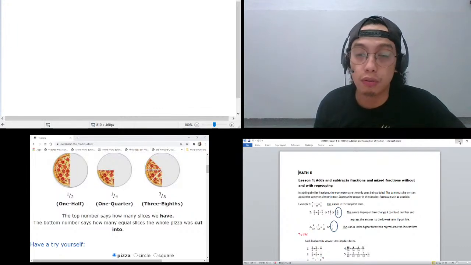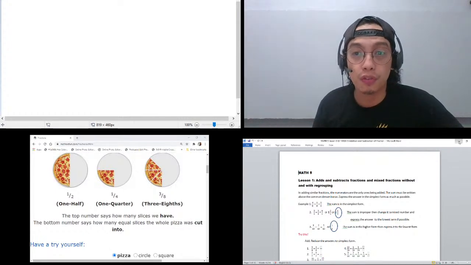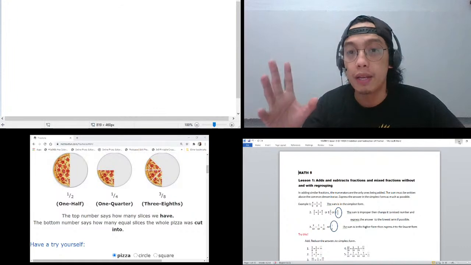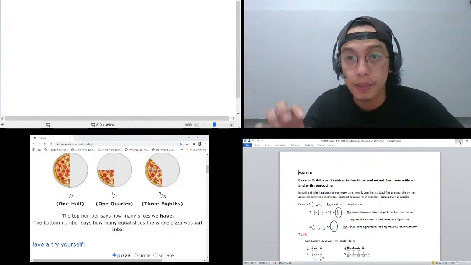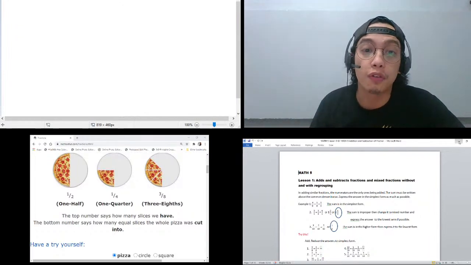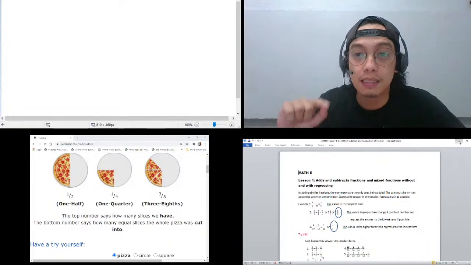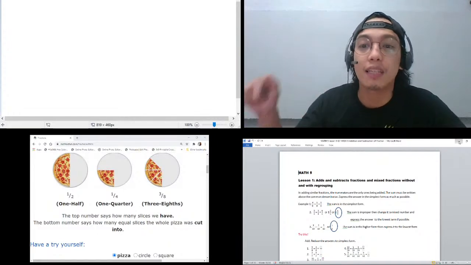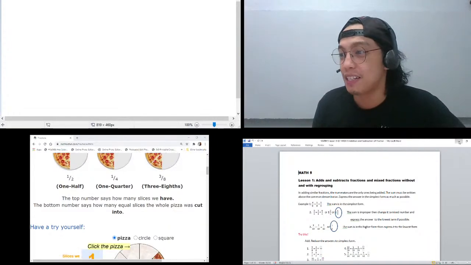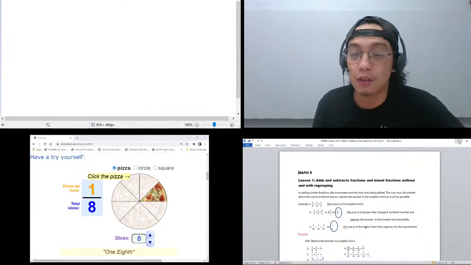So 1/2. Now the second picture, 1/4: one slice, then divided into 4. So 1/4. And for this one, three slices, then divided into 8, so 3/8. Okay? So 1/8.